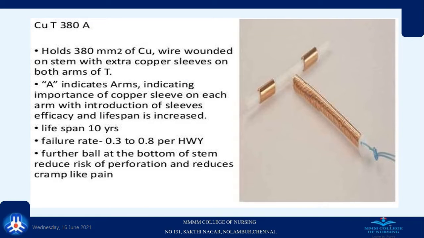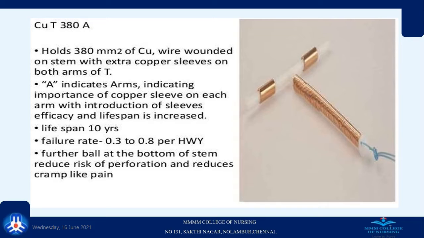Next is copper T380A. These are the newer ones. The copper T380A holds 380 millimeter square of copper wire wound on the stem with extra copper sleeves on both arms of the T. In the case of copper T200, we have seen the copper is wound around the vertical stem alone.